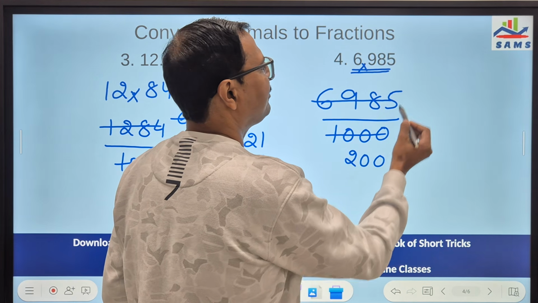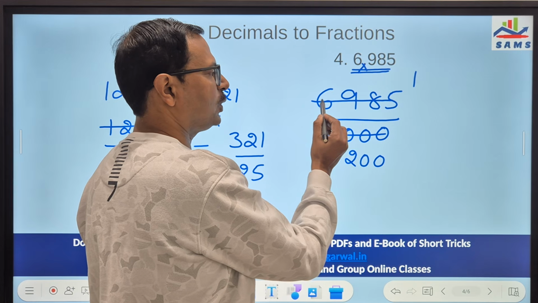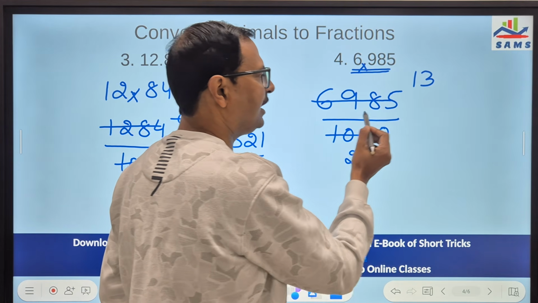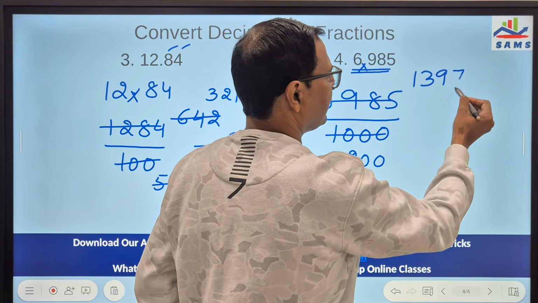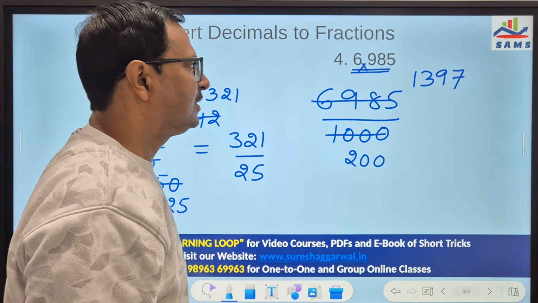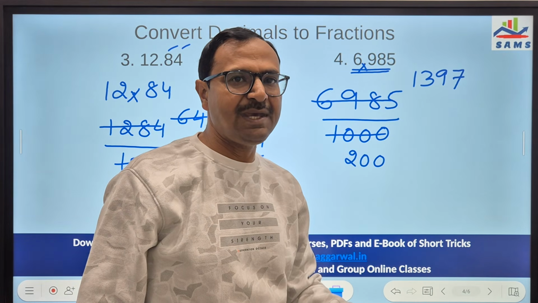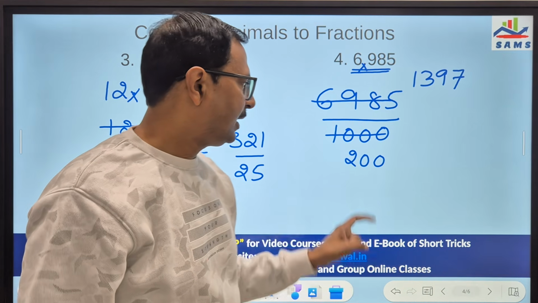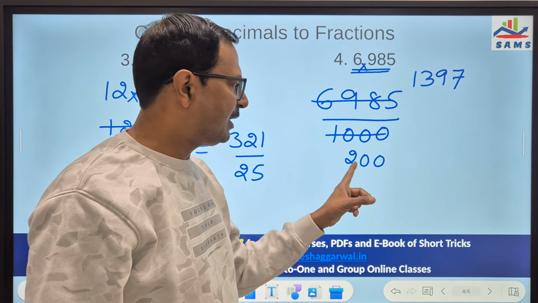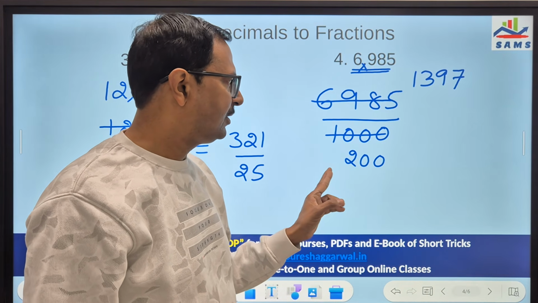If you divide this by 5, 5 ones are 5, so 19, 5 threes are 15, 48, 9s are 45, 35, 7 times, and you have 1397 as the remaining part, that is the reduced form. Now 200 is divisible by 2 and 5, right?